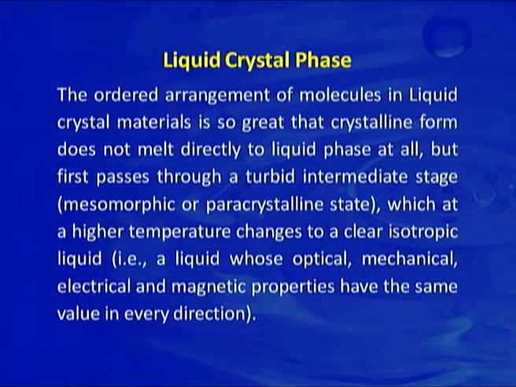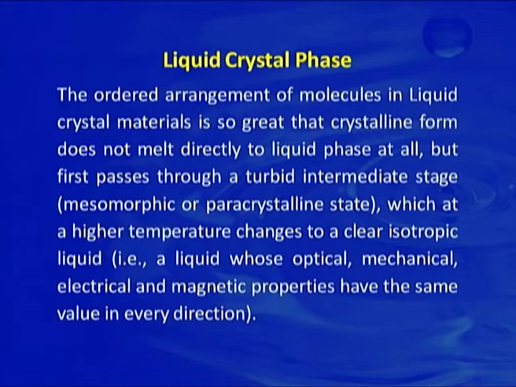That is, the solid does not directly change into the liquid phase, but first passes through a turbid intermediate stage. The turbid intermediate stage is also known as the mesomorphic or paracrystalline state, which at a higher temperature changes to a clear isotropic liquid. What do we mean by isotropic liquid?